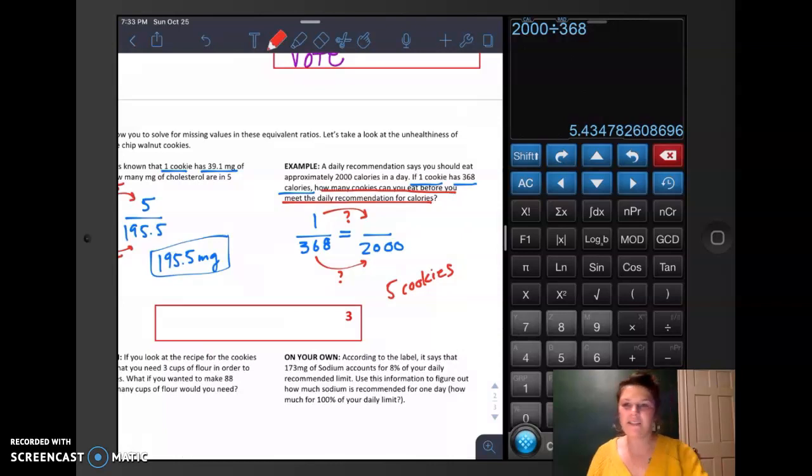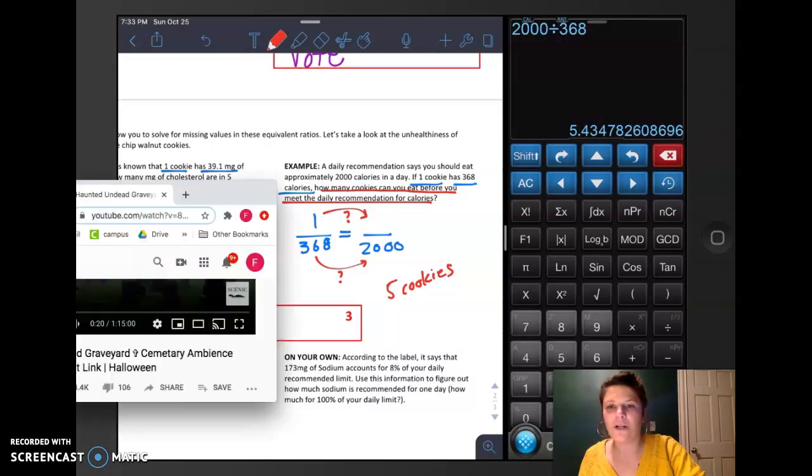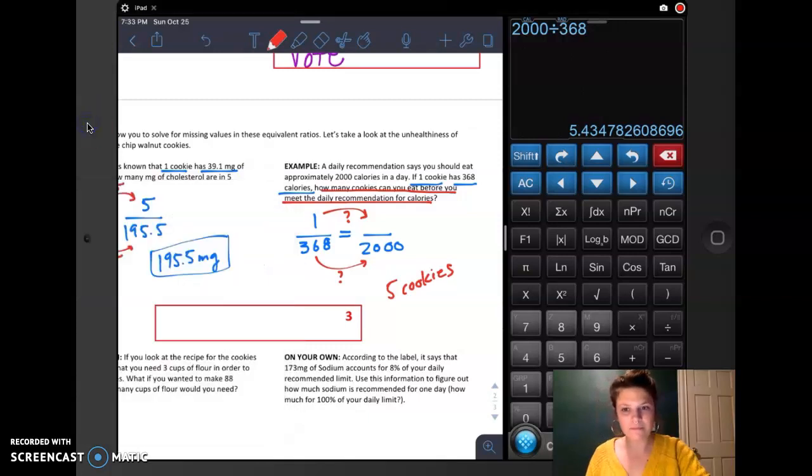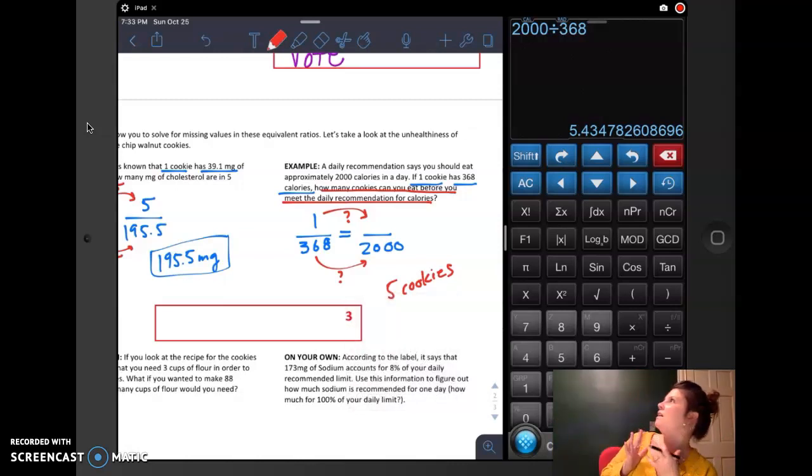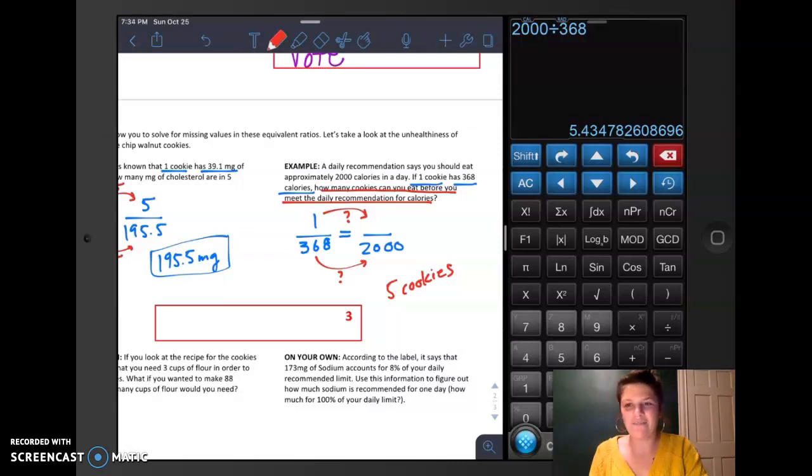All right, let's see if you can guess the next secret word. The next secret word is going to be... Okay.